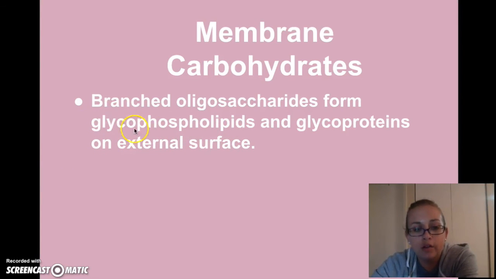So again, glyco, so that's going to tell you glucose, it's a carbohydrate. Then you've got the phospholipid, so you're looking at a lipid that has a phospho group bound to it. So this is going to be when you have a carbohydrate attached to one of the phospholipids from the membrane, or a glycoprotein is when you have the carbohydrate bound to the membrane proteins. And again, always going to be on the external surface of the cell.